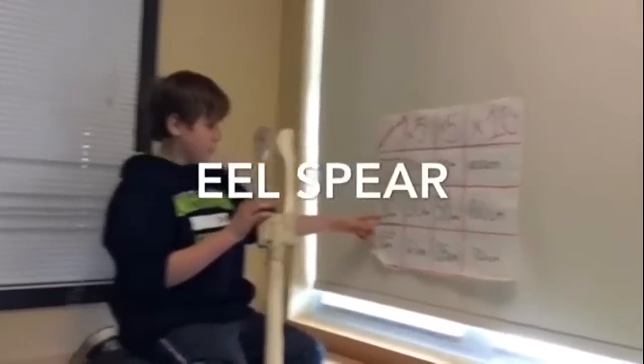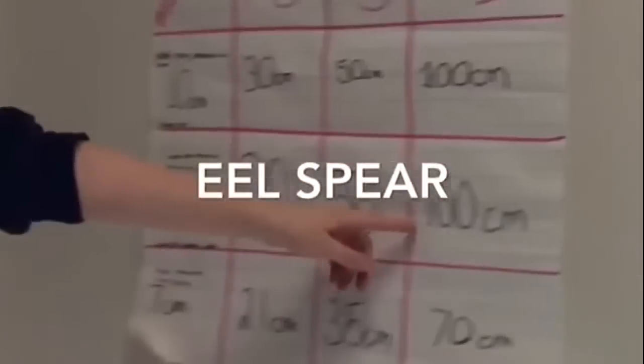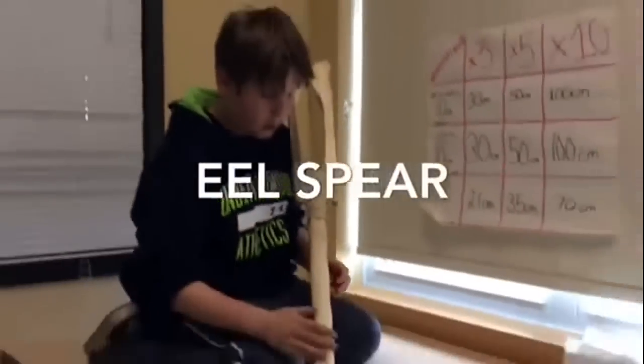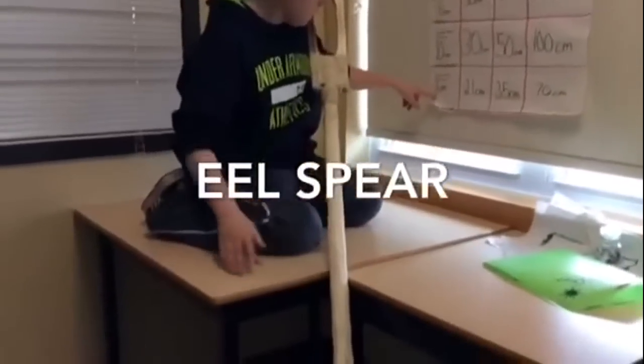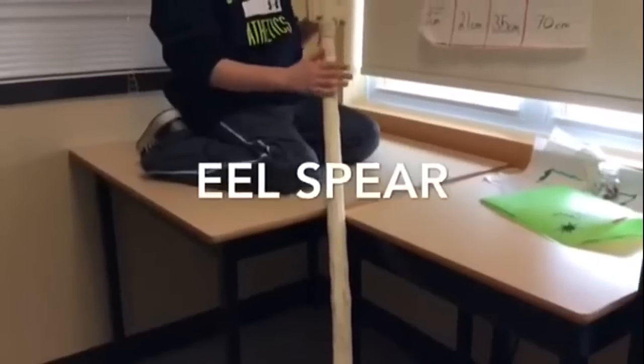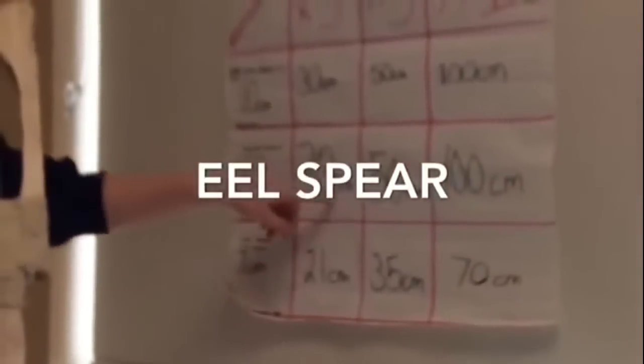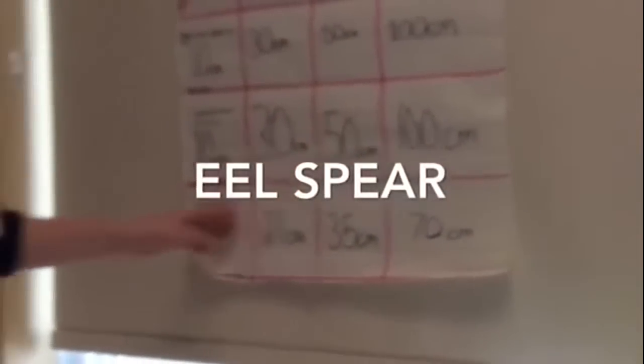It was the same, 10, and then 30, and so on. And then this part here, we measured 7 centimeters on the screen, and we multiplied it by 3, and so on.